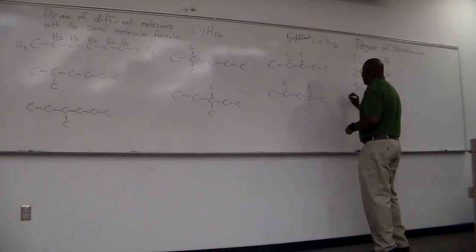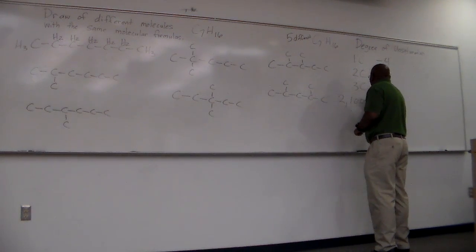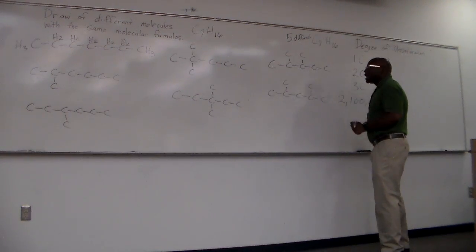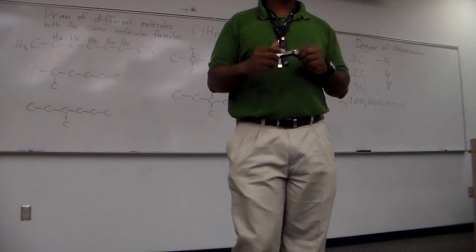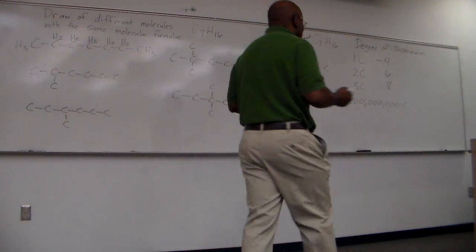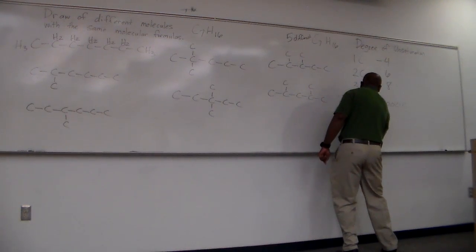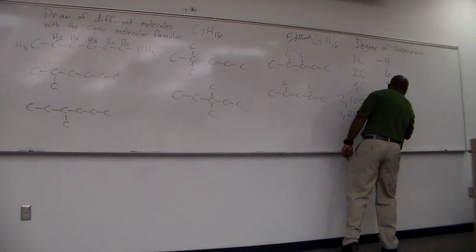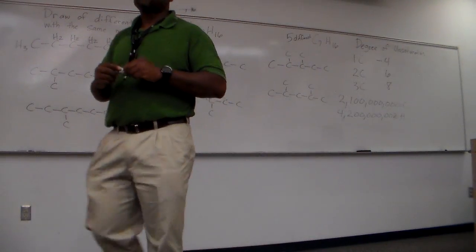But what if I ask you about 2,100,000,000 carbon atoms? 4 billion 200 million plus 2. The answer would be 4,200,000,002 hydrogens.